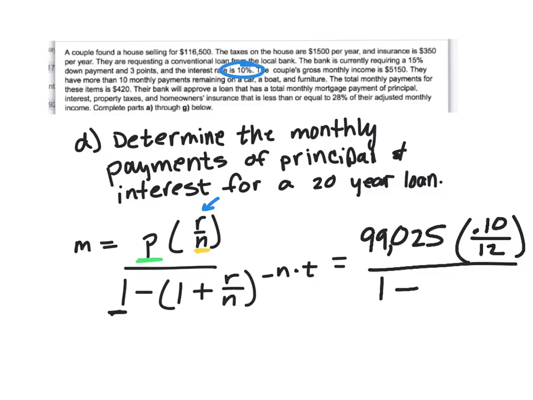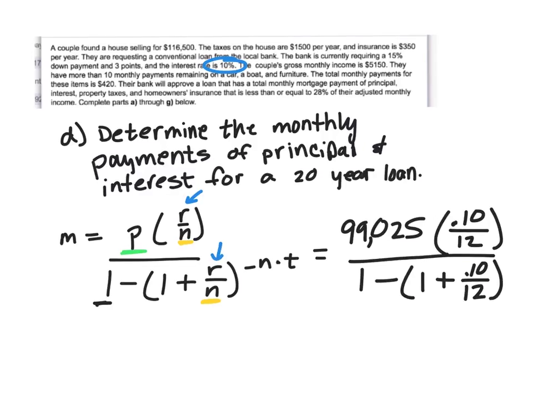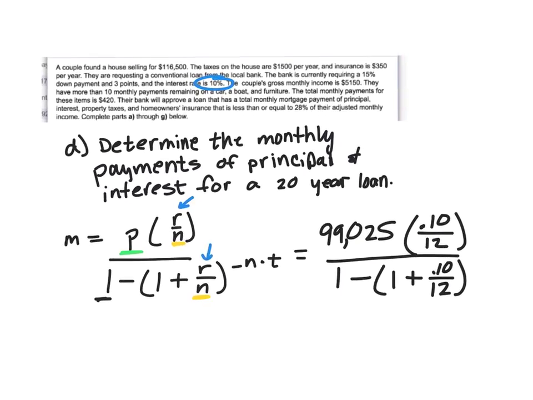let me put my parentheses a little neater here, open parentheses, 1 plus, again, I'm replacing that R with a 0.10. I'm replacing that N with a 12. I'm going to close those parentheses. And it's all going to be raised to a power.